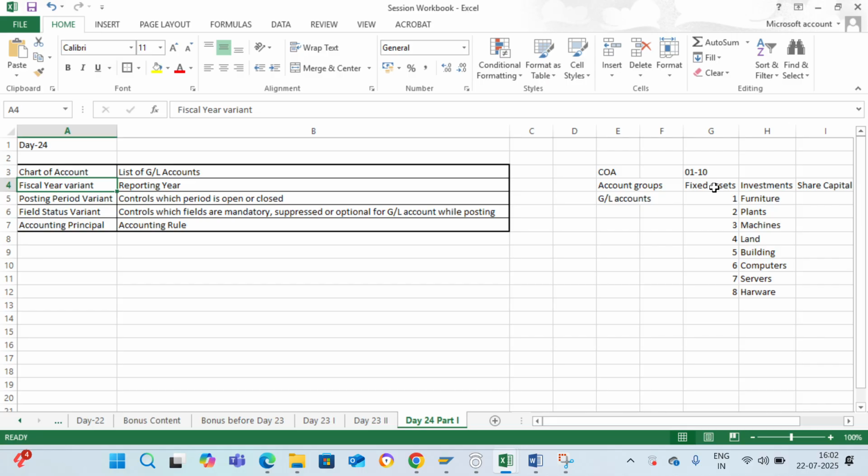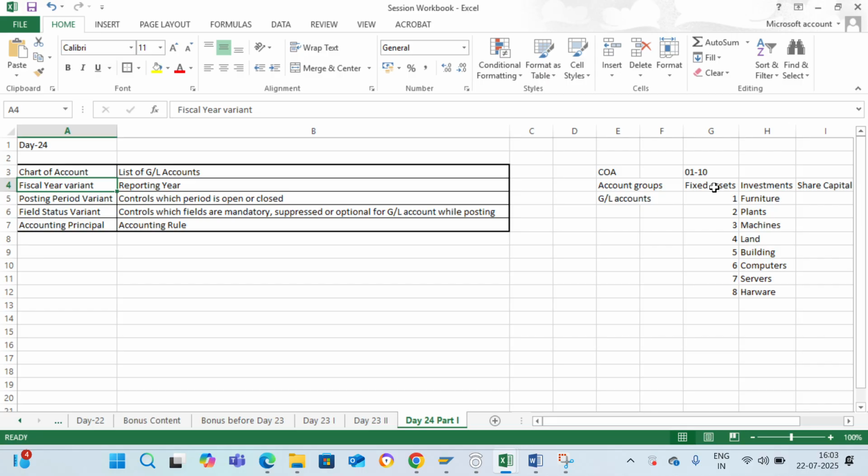The next thing is the posting period variant. Posting period variant also we have discussed in our earlier session, which in short is the control according to which period we need to open or close is set up.